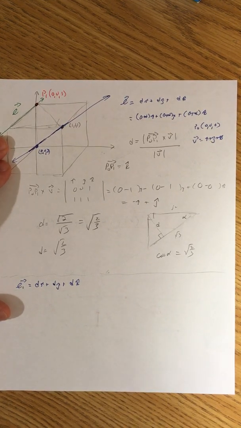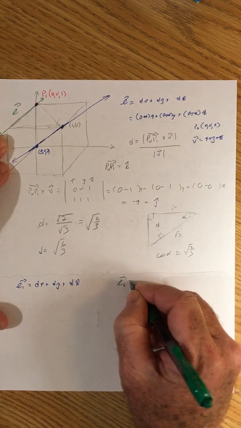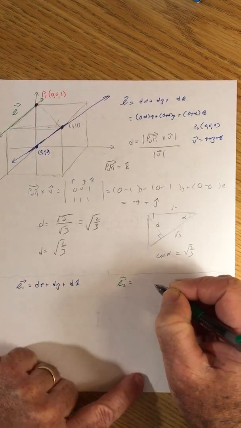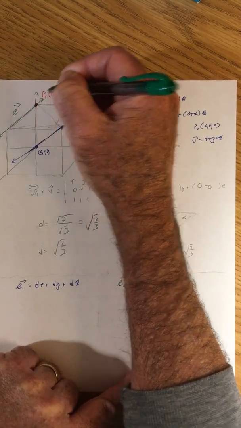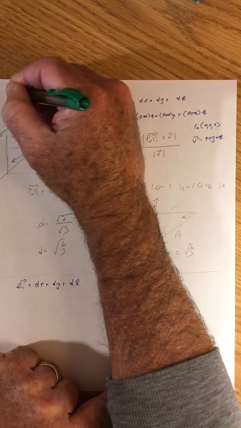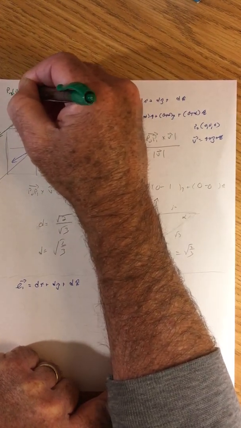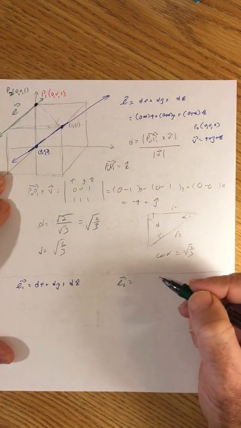Or the second line, I should say, the green line. Let's see what that one is. Now, what's the known point? Well, the known point is 0, 0, 1, and that is on this P2, it's 0, 0, 1. Okay, so we're using the same point in two different colors. You should be able to get that.